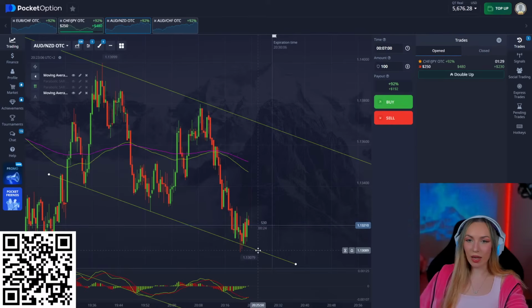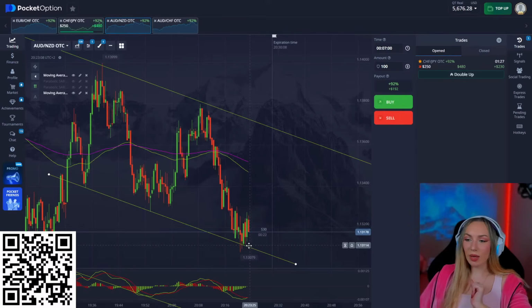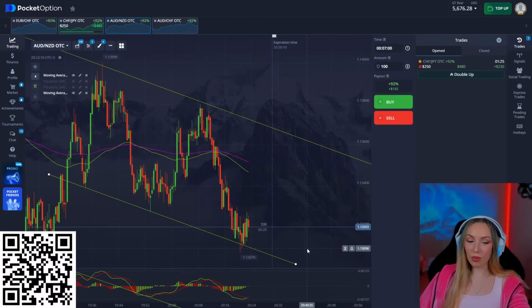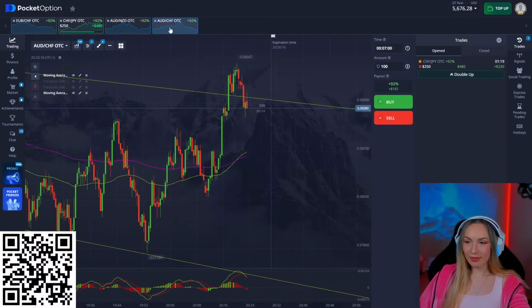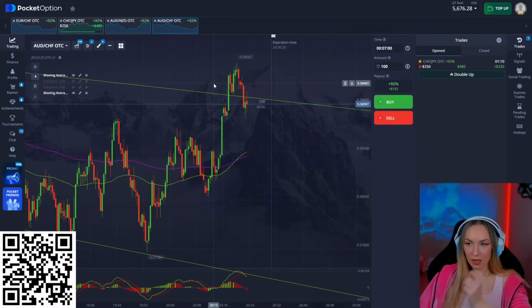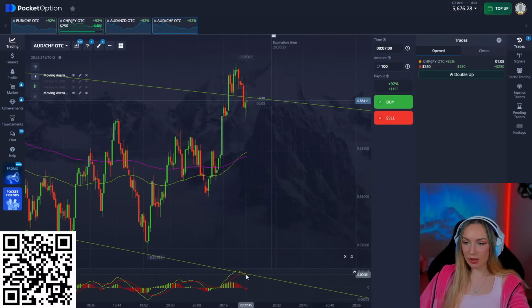Maybe AUD/NZD will be able to open a trade in the upward direction soon. And this one seems to return back to the downward channel. There was maybe a false break. And by the way, the MACD lines already crossed in the overbought zone.